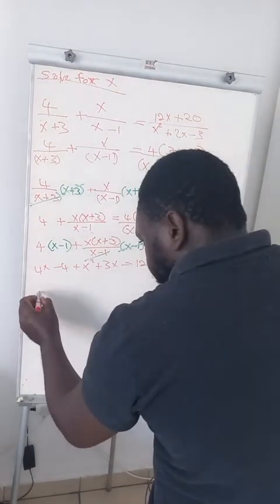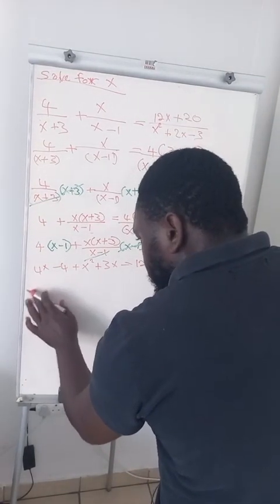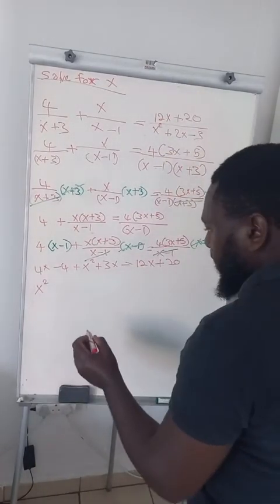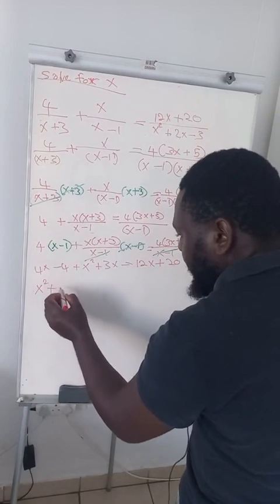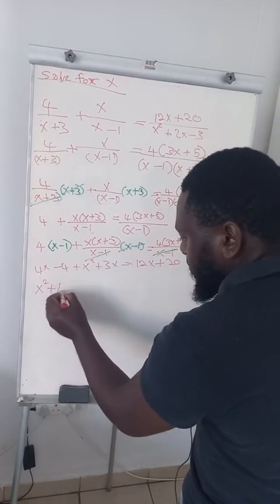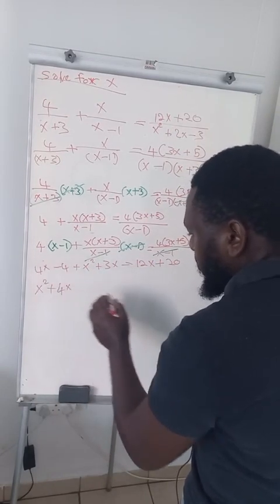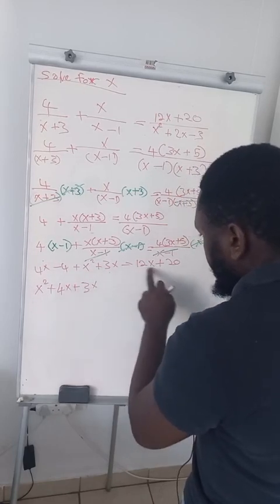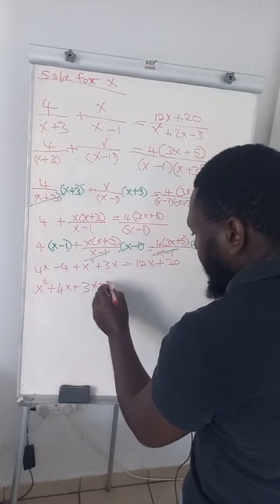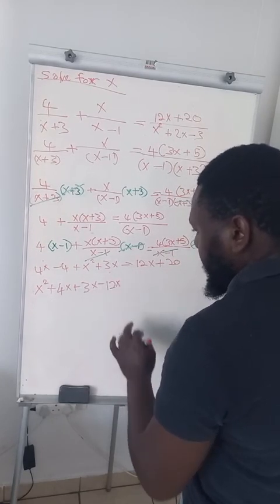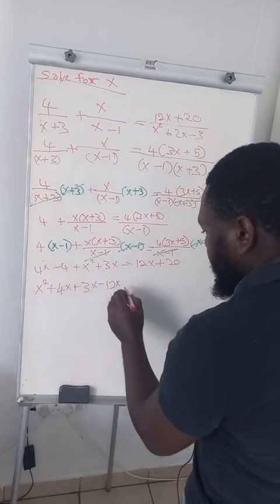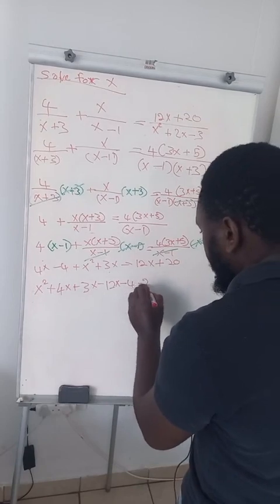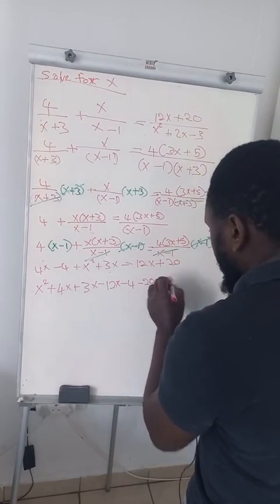I'll have x squared, plus 4x, plus 3x, minus 12x when it comes this side. Now place this negative 4 and this 20: negative 20 equals 0.